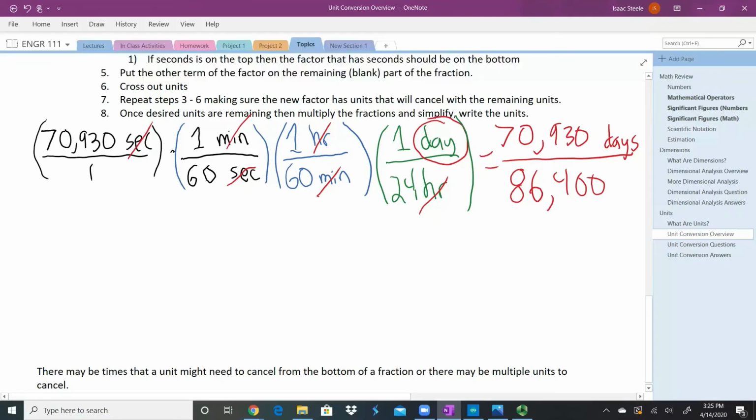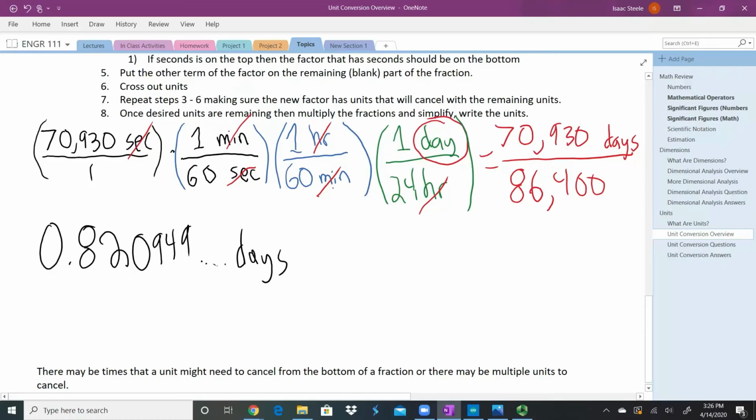And if I do the division here, I get 0.820949, lots and lots of stuff, days. So where do I cut this off? We could use our significant figures.